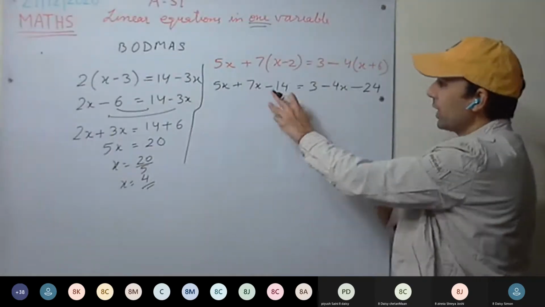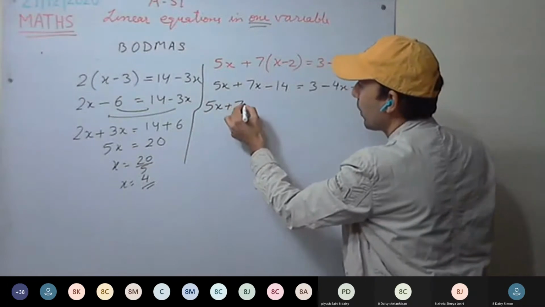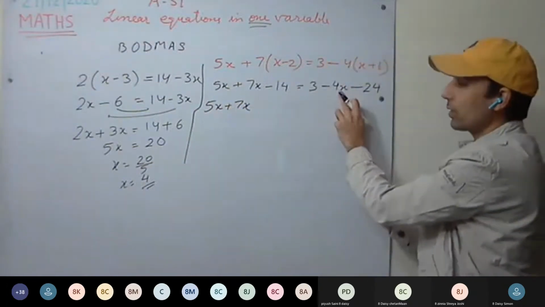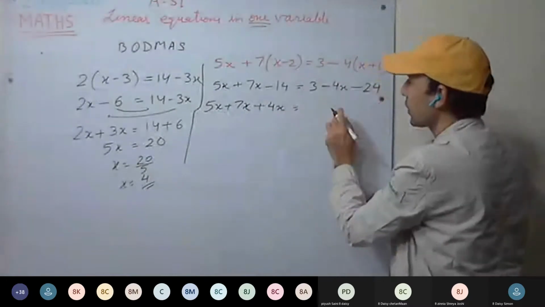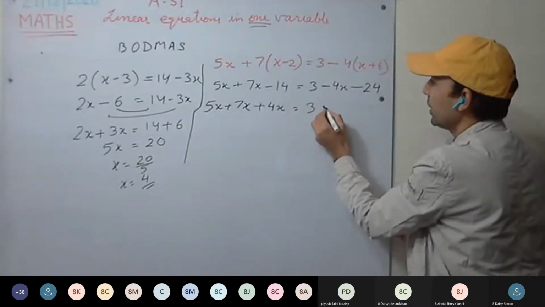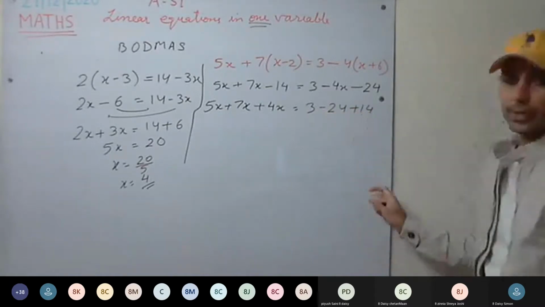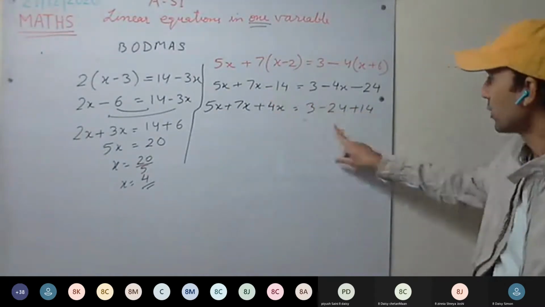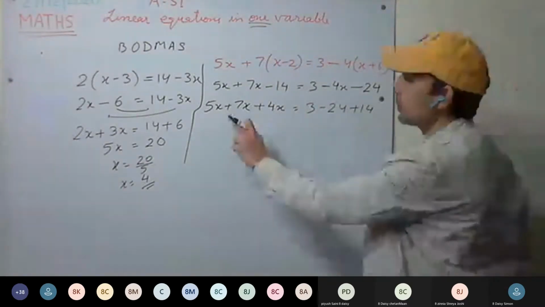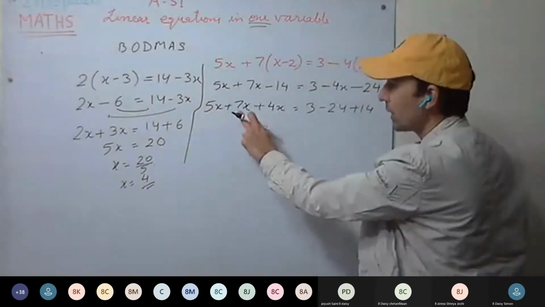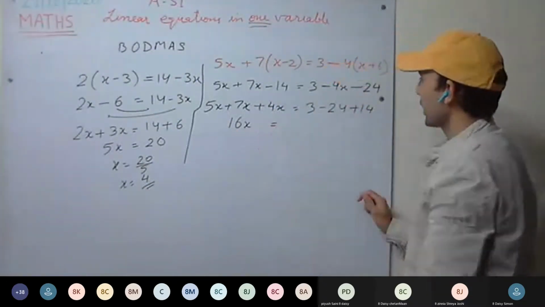Now all the x on one side, numbers on the other side. So what are we having? 5x plus 7x. Minus 4x on the right hand side will become plus 4x. Equal to how much? 3 minus 24 plus 14. Minus 14 will become plus 14. Now add them. 5, 7 is 12, 16x.